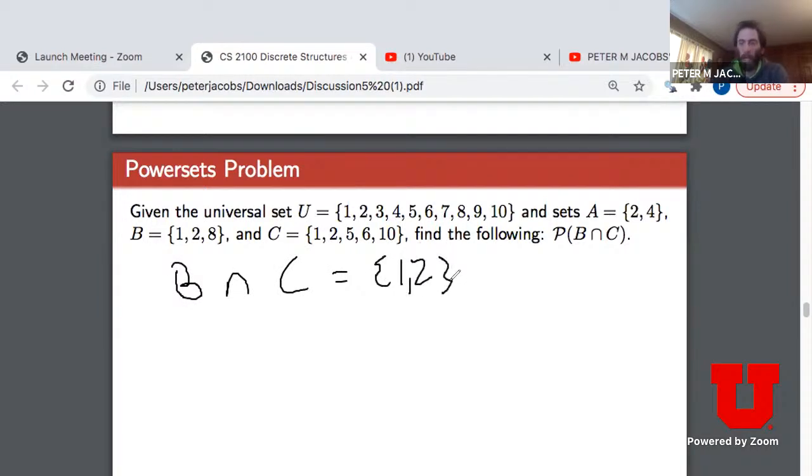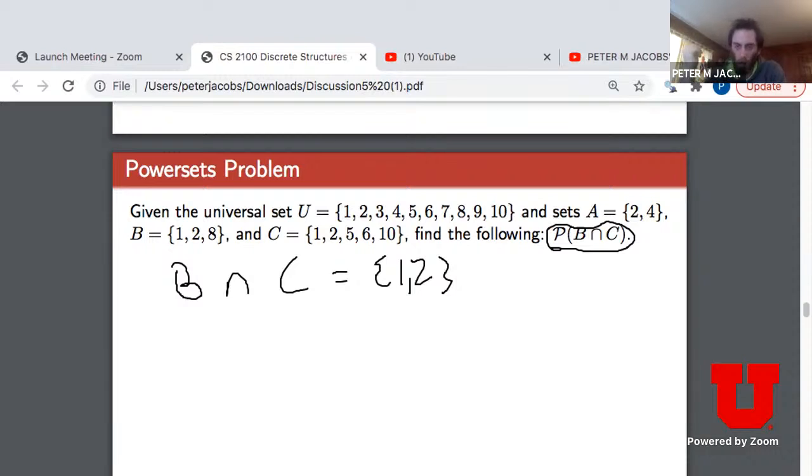And then for the second part of the problem, we have this notation, we want to find the power set. Actually, just taking a step back, if you're ever asked to find the power set of a set, the first thing you should do is figure out what the set is composed of.